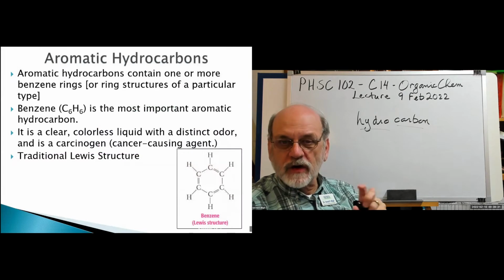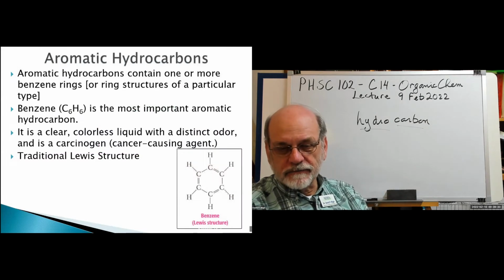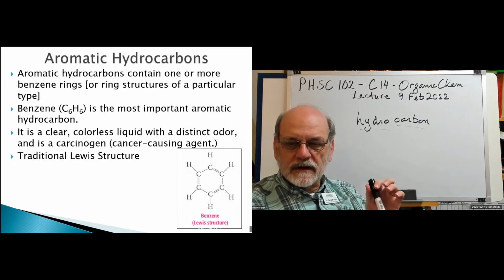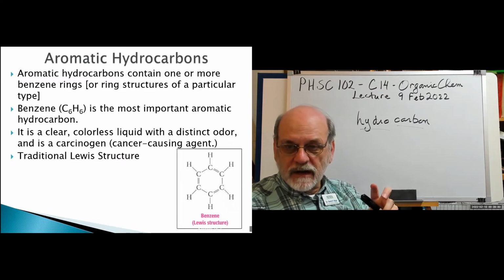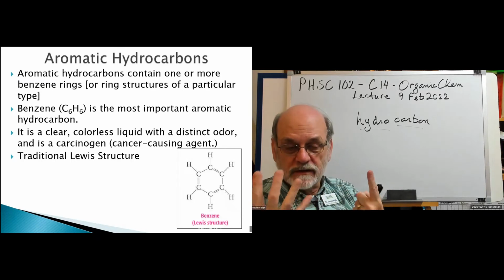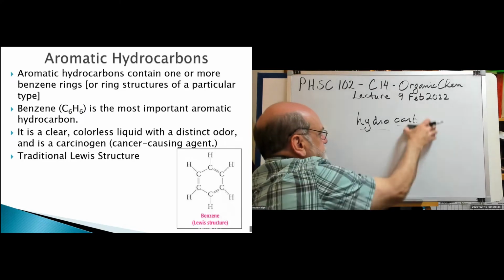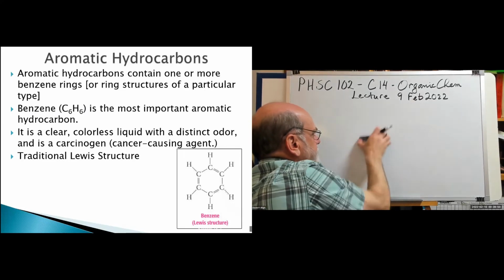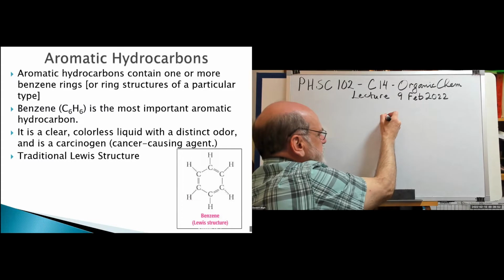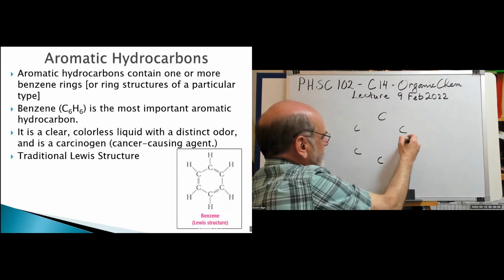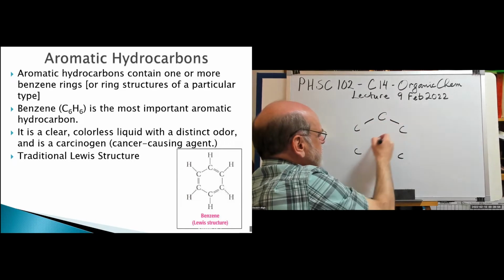Okay, we're going to go to the aromatics first and talk about benzene. Benzene is a ring compound, and it's composed of 6 carbons in a ring. So we could say, put 6 carbons here and bond them together.